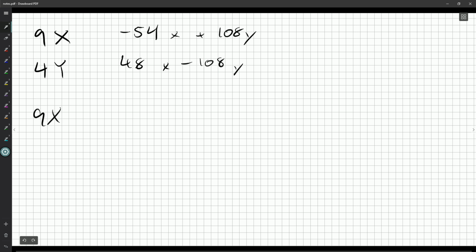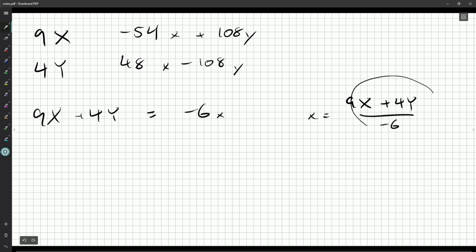And so 9x plus 4y will just be minus 6 of the little x. So x is 9 of the new x plus the 4 of the new y divided by negative 6. So now I've got my original x, and I got it using only linear expressions.